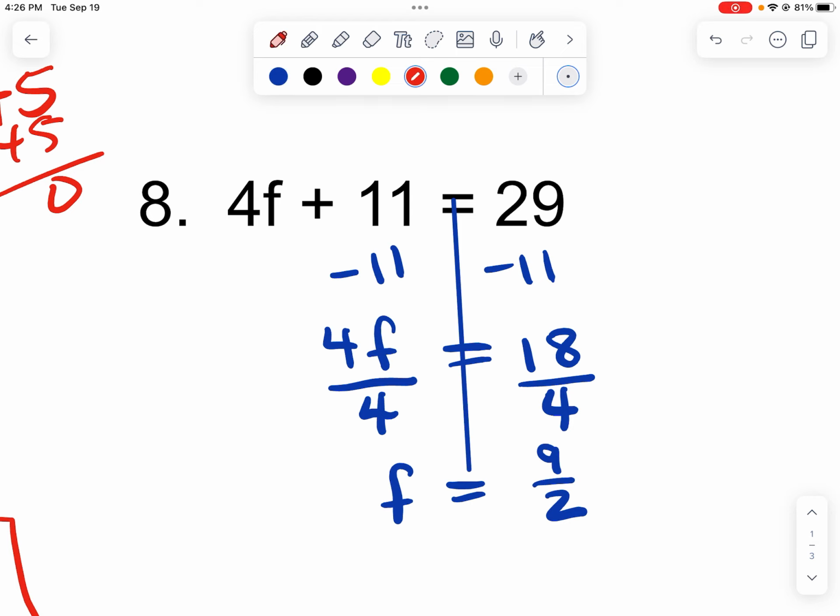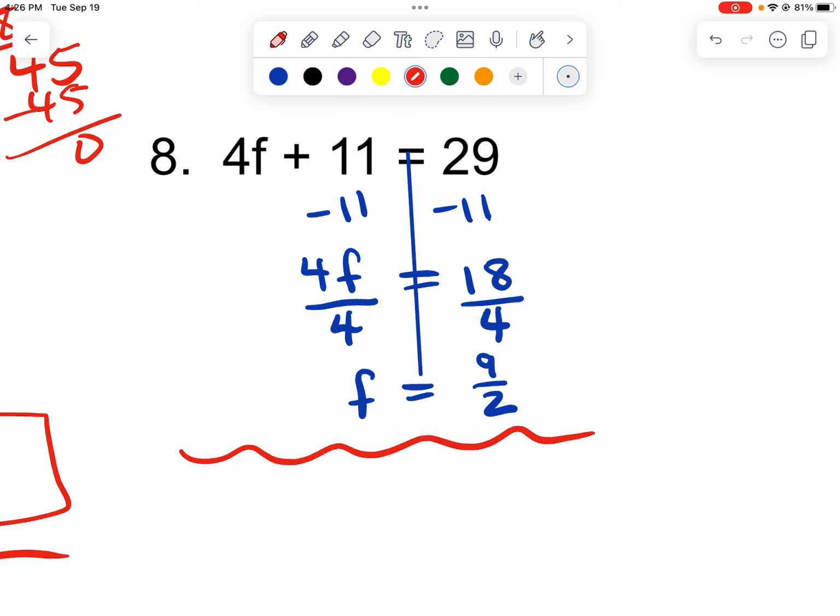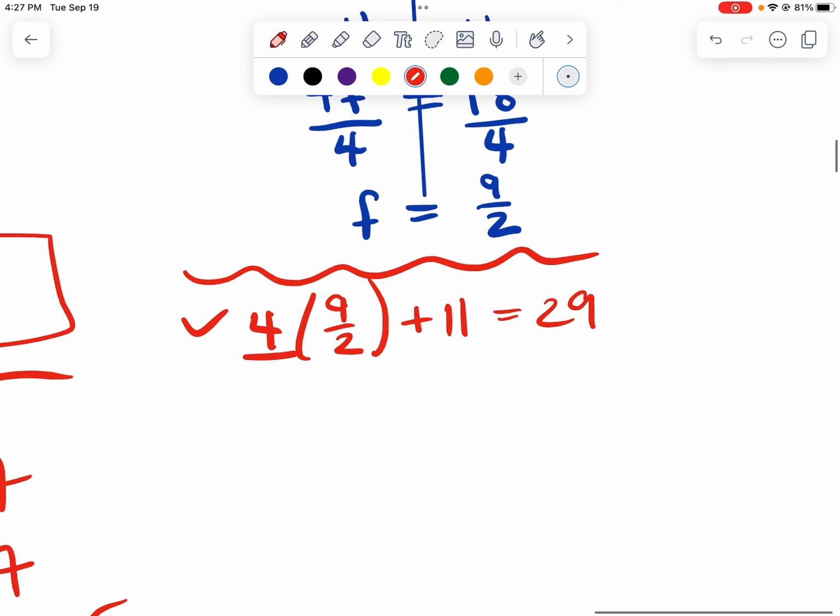Okay. Why I have 2 fractions on here, I don't know. But I do. 4 times 9 over 2 plus 11 equals 29. Okay, this is over 1. Now, some of you may be having a hard time with me doing the cross canceling. If you don't, you would just do this.